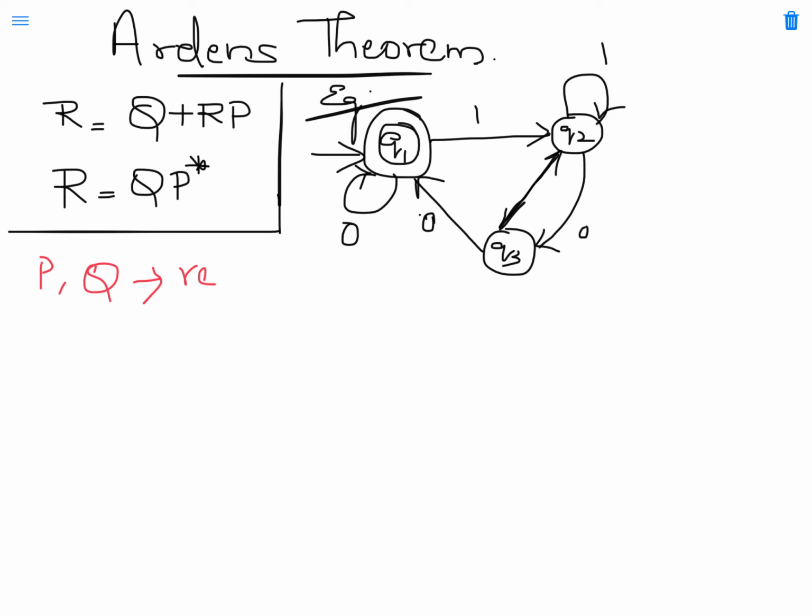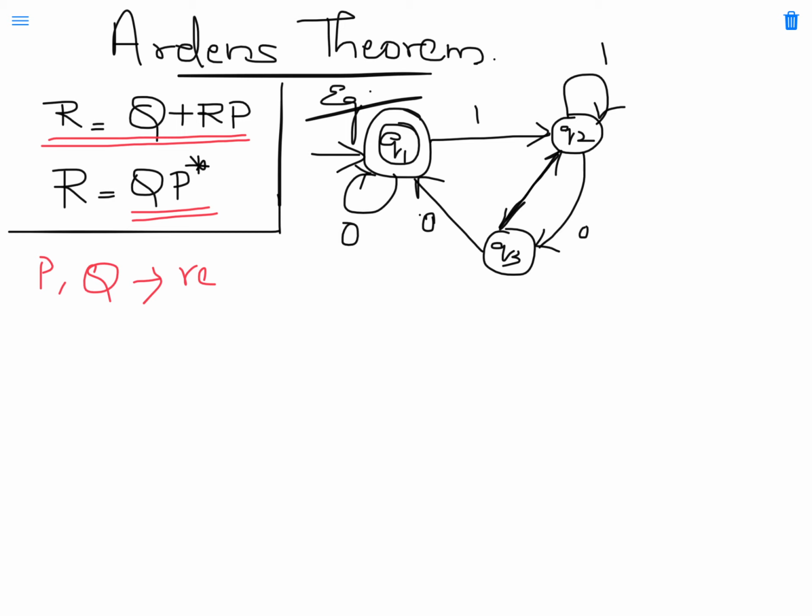So p and q will be considered as a regular expression, and from that you will be able to derive an expression of the form r is equal to q plus rp. If you are able to derive this expression in this form, it means you can write the same expression as r is equal to qp star.